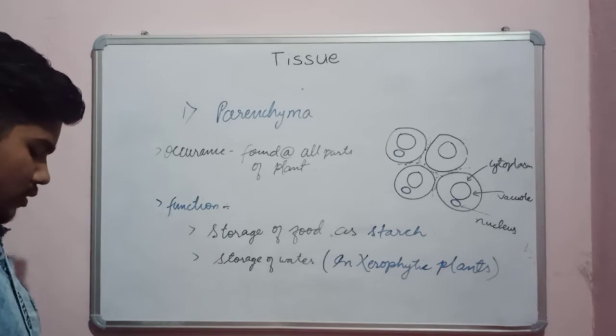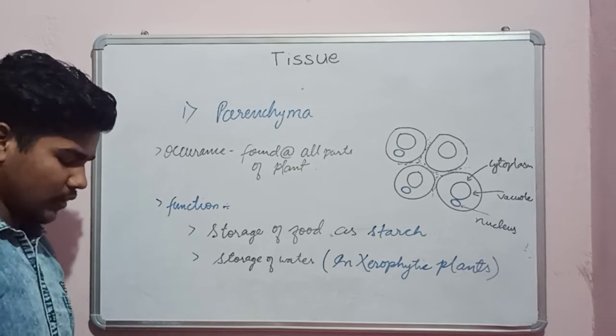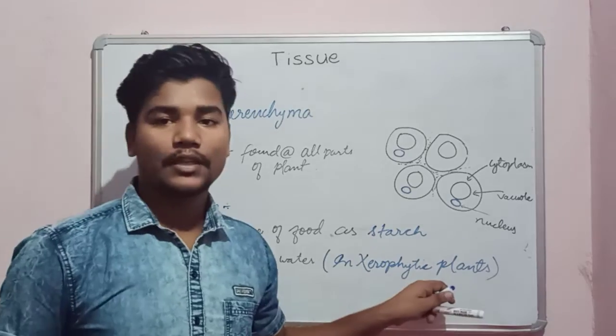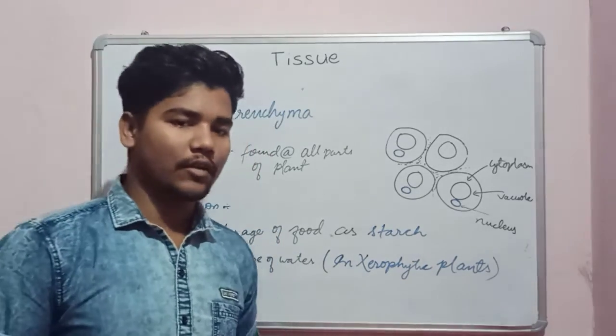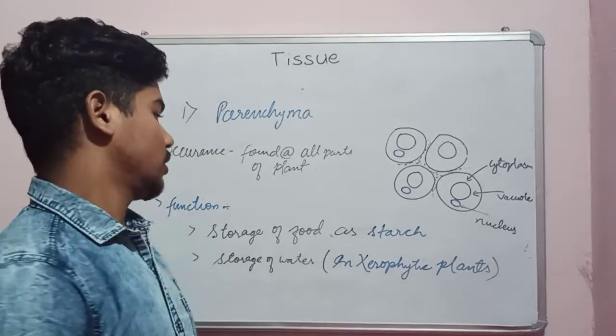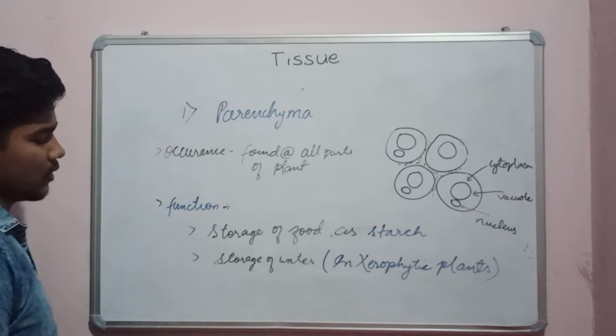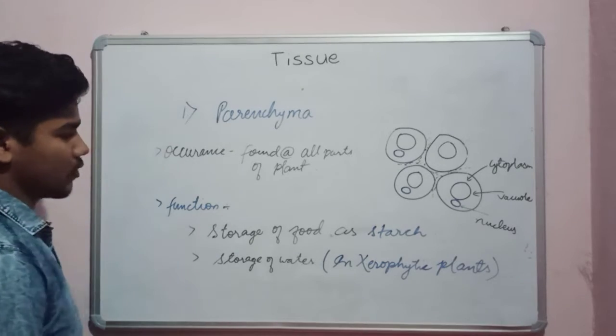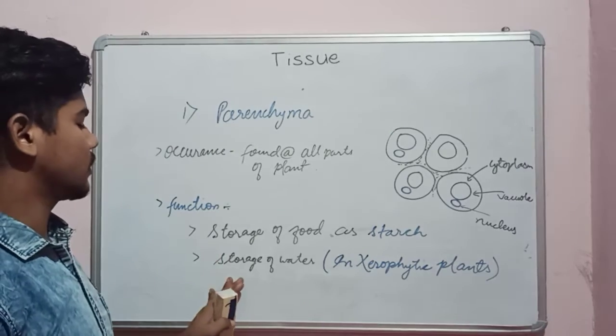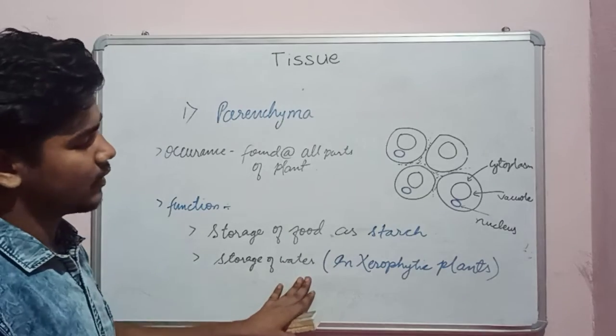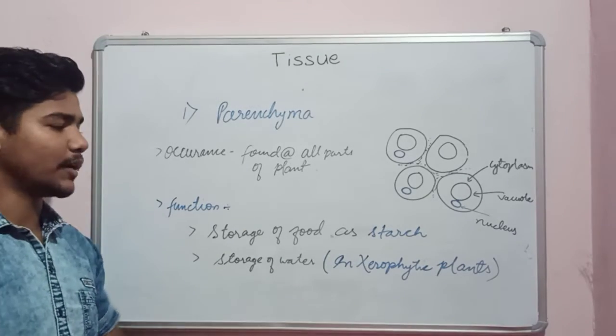Okay, so what is a xerophytic plant? Xerophytic plants are those plants which are found in deserts. So here is the line. It stores food as starch, and it stores water mainly in the xerophytic plants.